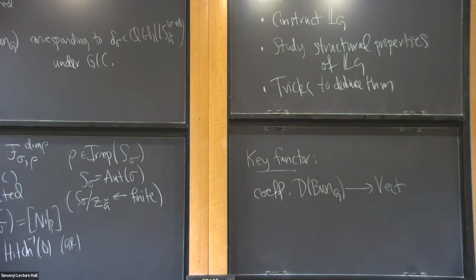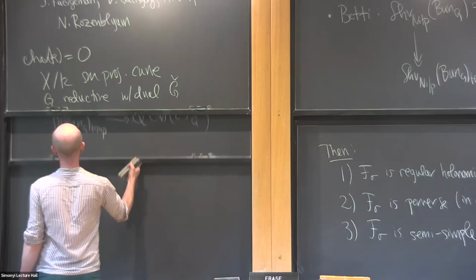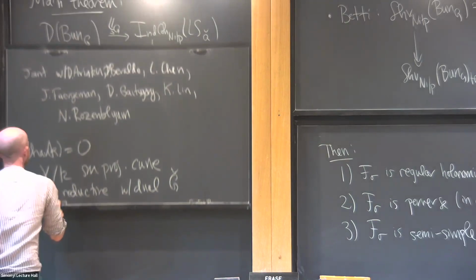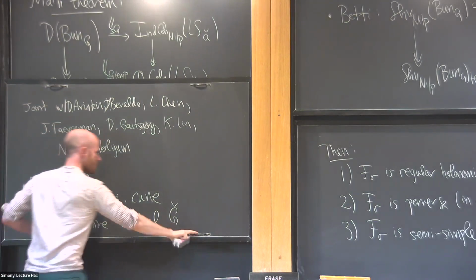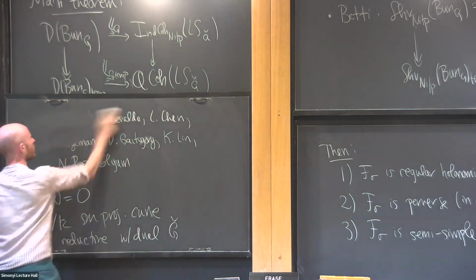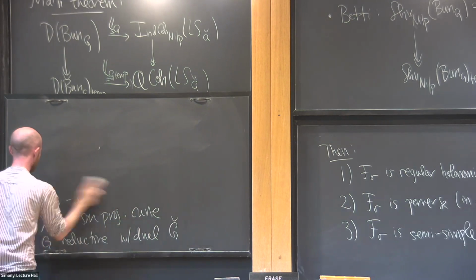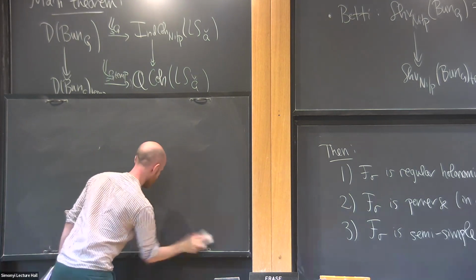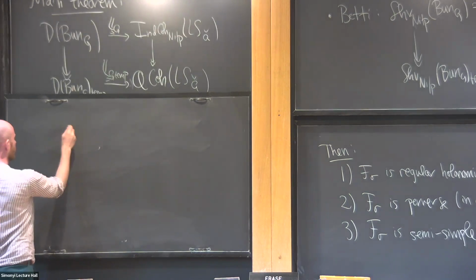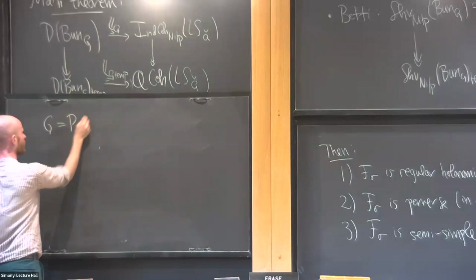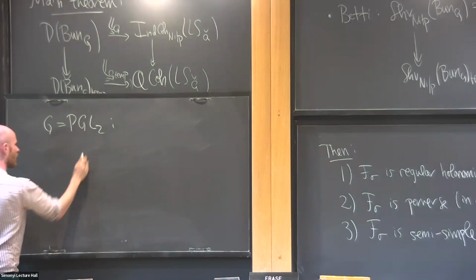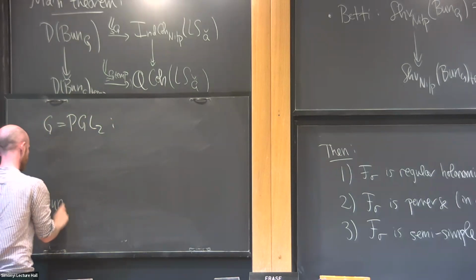Let me just say how it works. Let me just assume my group is PGL2 for simplicity. The general case is not very different.